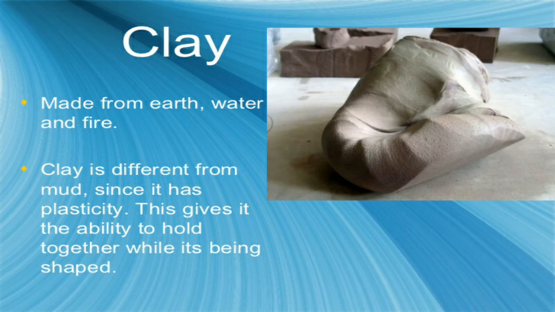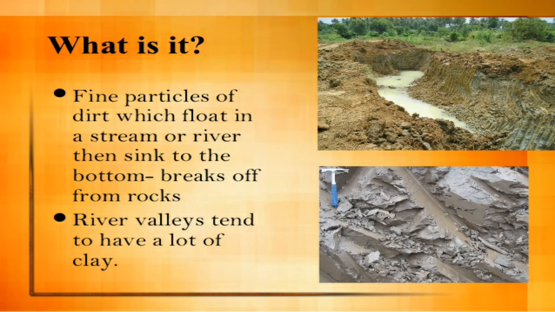So, clay, what is it? It's fine particles of dirt which float in a stream or river, then sink to the bottom or break off from rocks. So it's clay. Here we can see a photograph of clay.